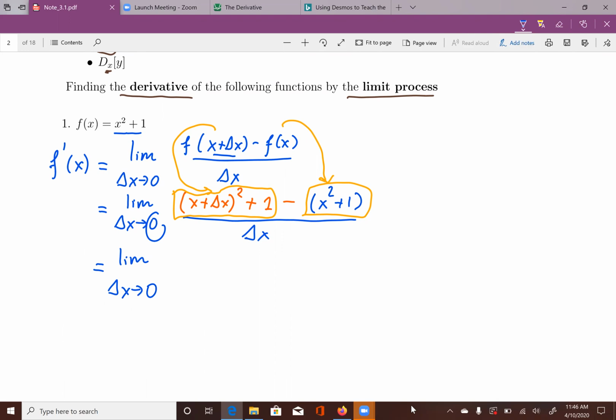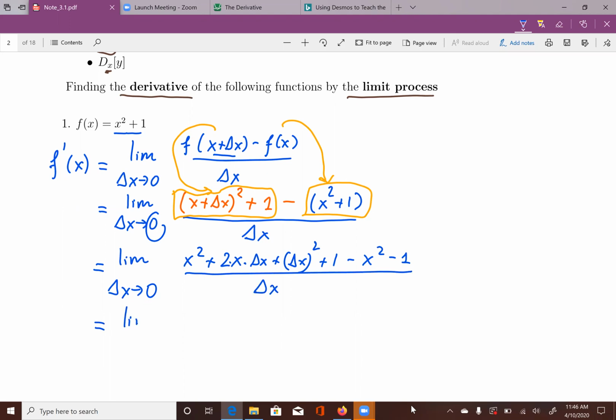First, I want to distribute the x plus delta x squared. So it's x squared plus 2x times delta x plus delta x squared plus 1, right? Minus, remember I have the minus in front of the parenthesis. I have to apply it to each term inside the parenthesis. So minus x squared and minus 1.